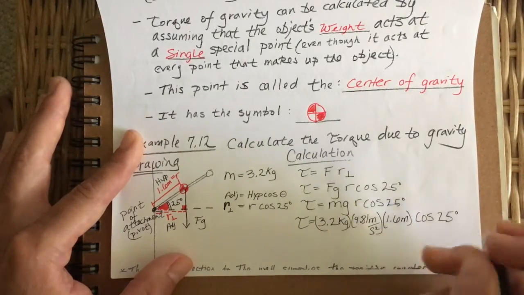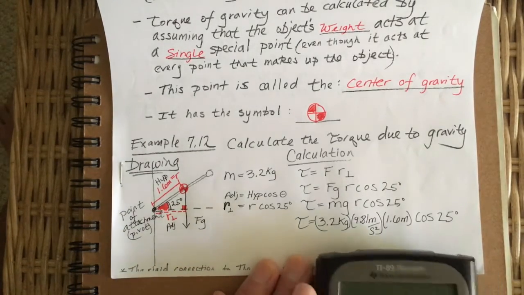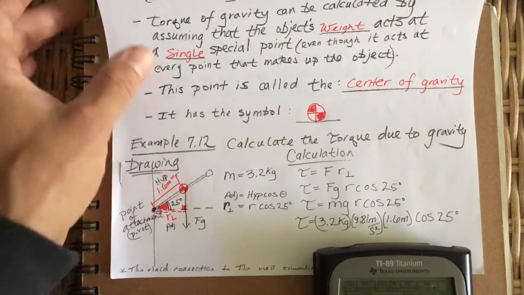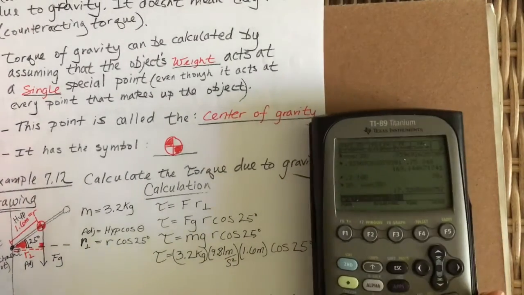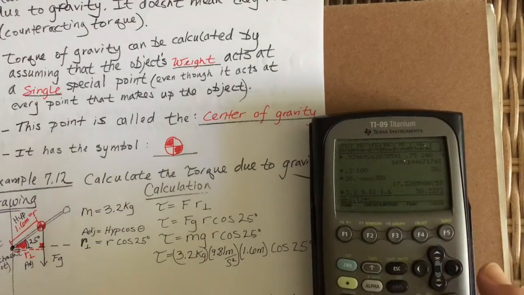Now we just got to go get our calculator. Let's see if I can enter all this in here. 3.2 times 9.81 times 1.6, and then times the cosine of 25.